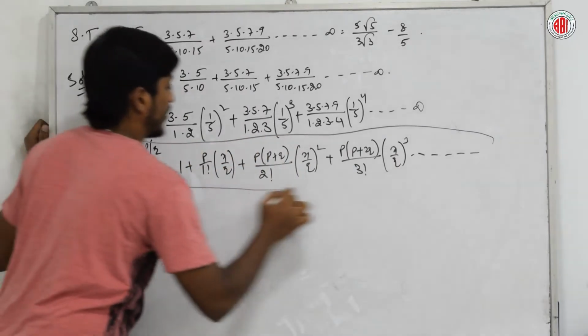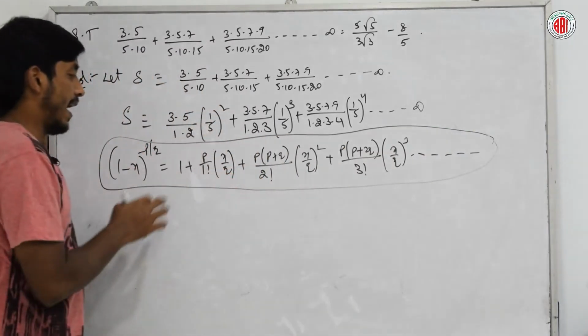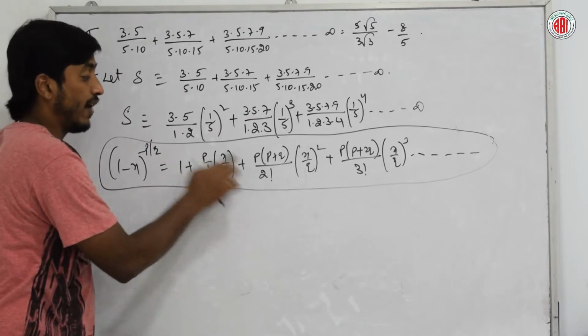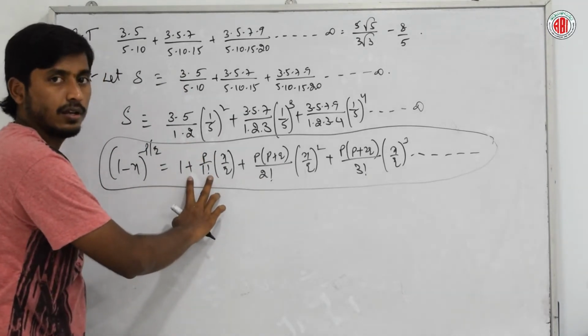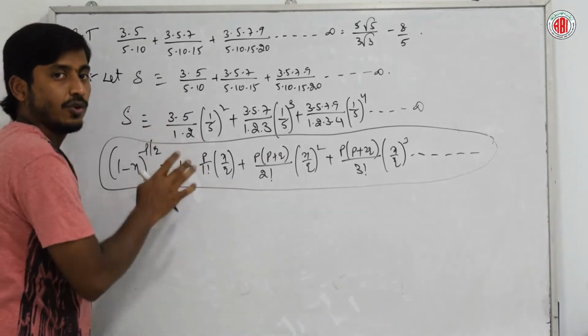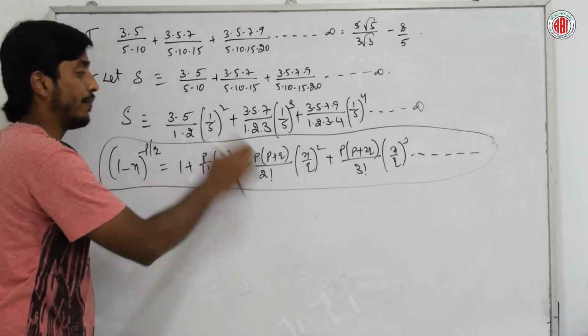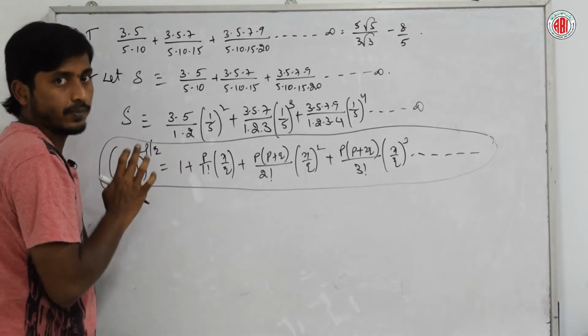If you observe this formula, we have directly 2 factorial here, right? What about these two terms? You don't have them, right? So in order to find this, we have to compare and find the values of that.